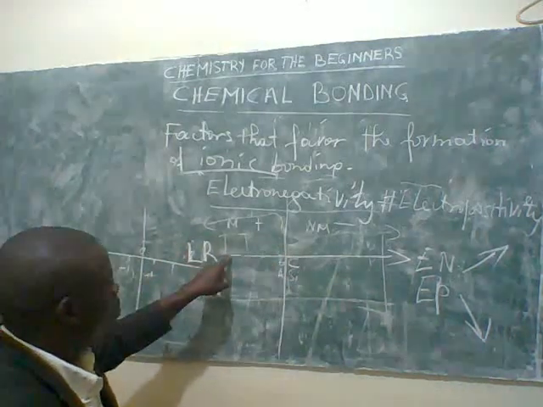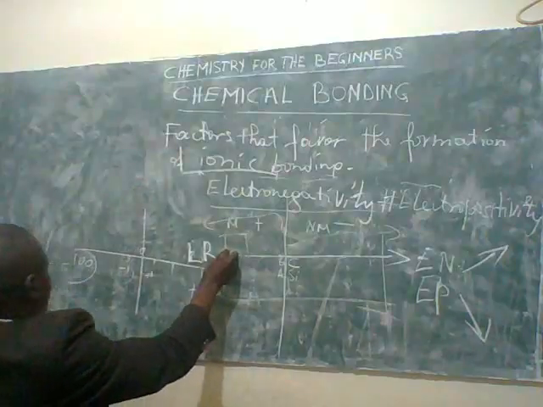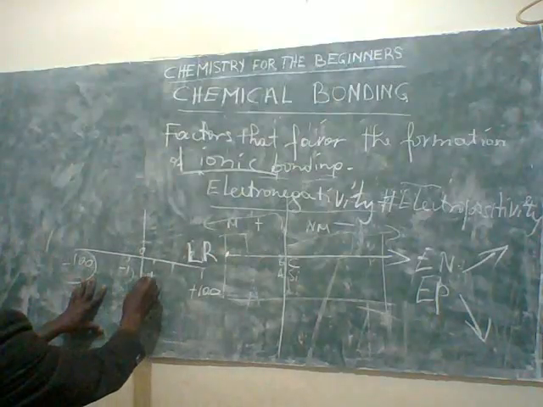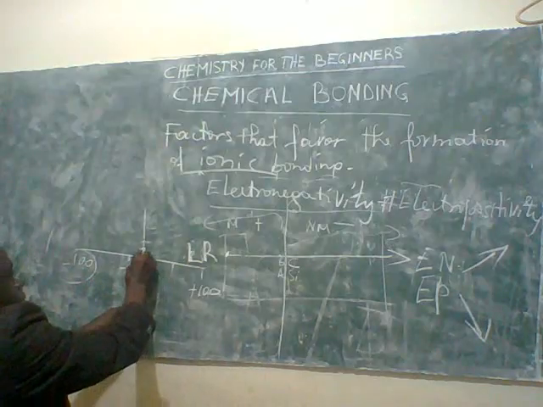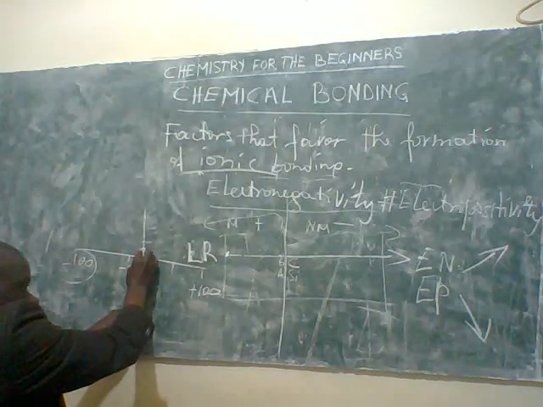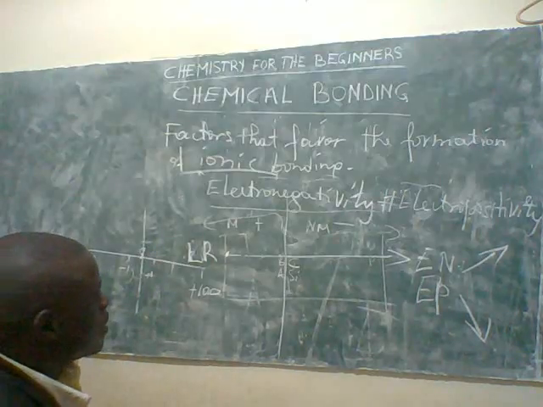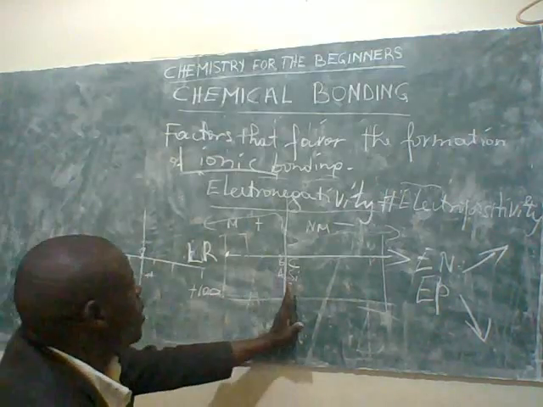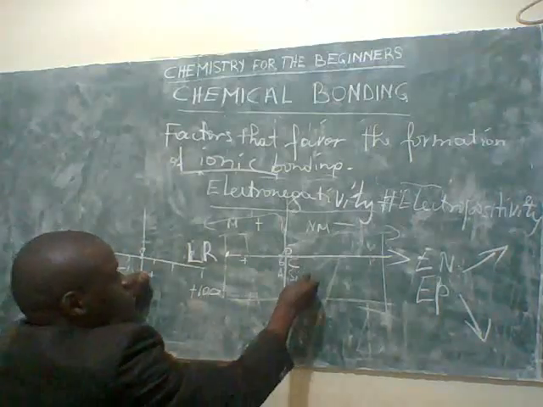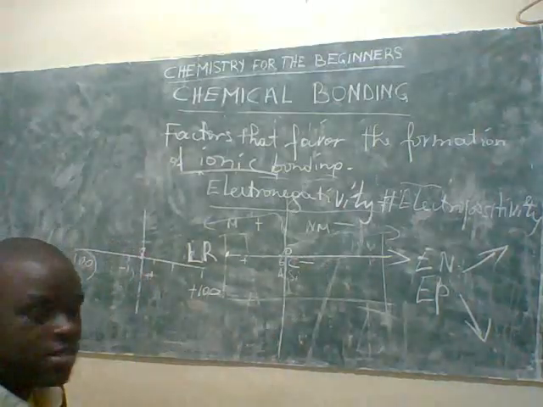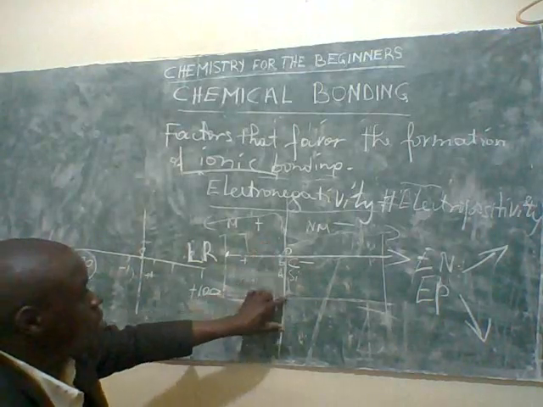Because the most positive is here, before they reach the 0. But if we want, for example, this is the 0, this is positive, and this is negative, for example here there is boron.